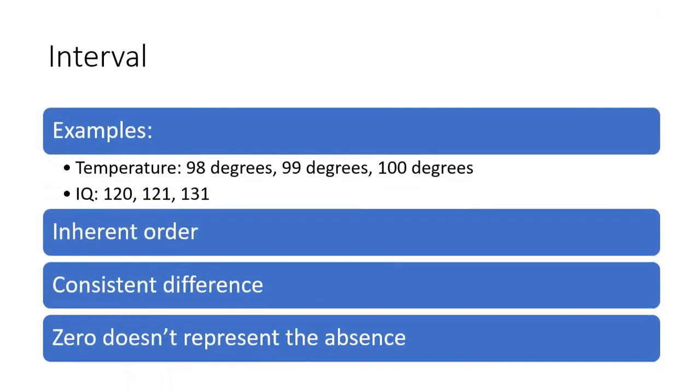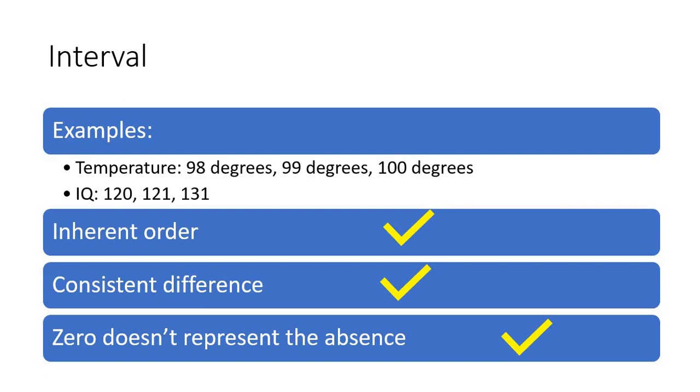However, the next level of measurement, which is called the interval level of measurement, in addition to having an inherent order, has a consistent difference between categories. But zero does not represent the absence of something at this level of measurement. We'll explain how. For example, temperature.